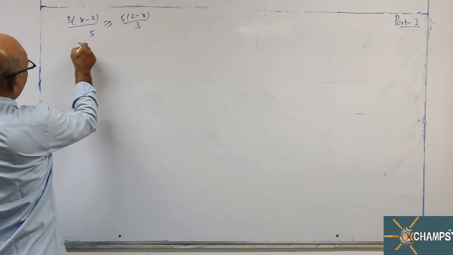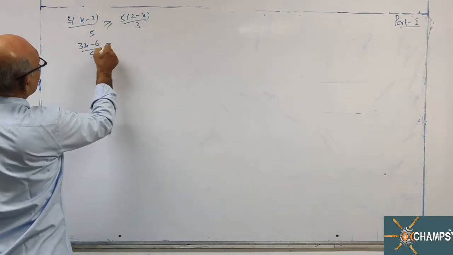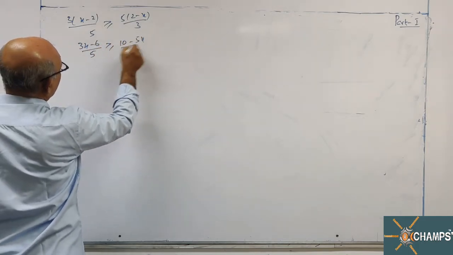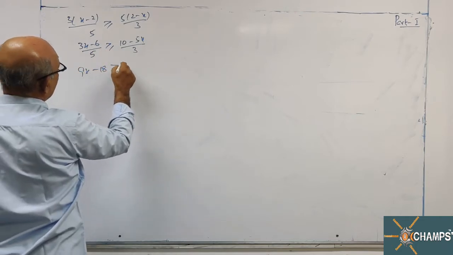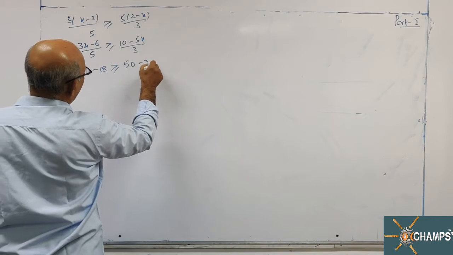Now, this is 3x minus 6 by 5 greater than or equal to 10 minus 5x by 3. Cross multiply: 9x minus 18 greater than or equal to 50 minus 25x.